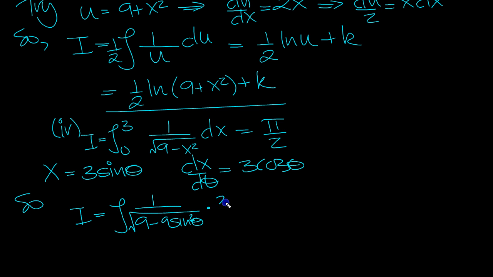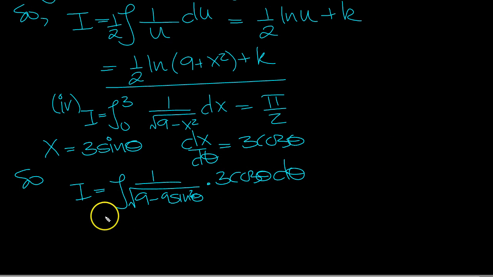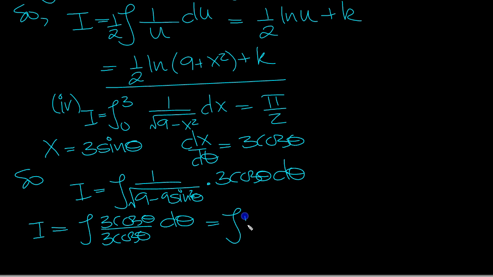And then the dx is 3 cos theta. And this here is equal to, this is just 1 minus sine squared is cos squared, so it's 9 lots of cos squared, which is 3 cos theta, which will cancel. So it's going to be 3 cos theta on top. This works out 3 cos theta d theta, which is the integral of 1 d theta, which is equal to theta.